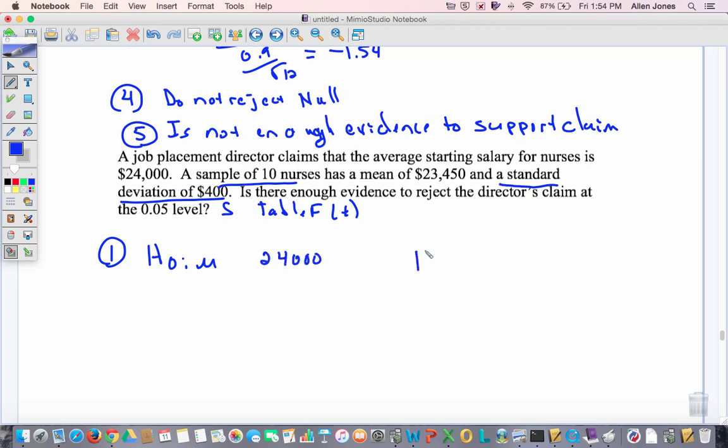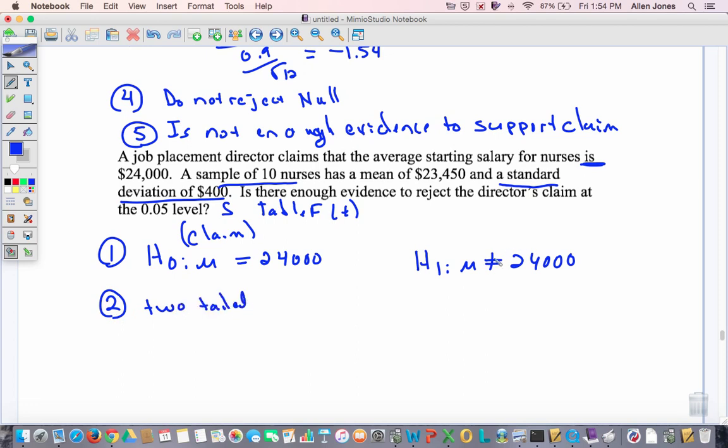H sub 0, our null hypothesis, is based on a mean of 24,000. Alternative also based on a mean of 24,000. Our job placement director claims the average salary is, so we're equal to and not equal to, remembering the equal to sign always goes with the null, but since he claims that it is 24,000, our null is our claim.